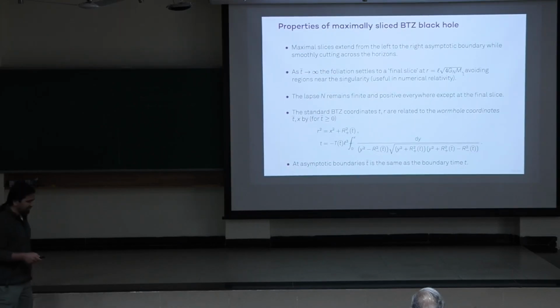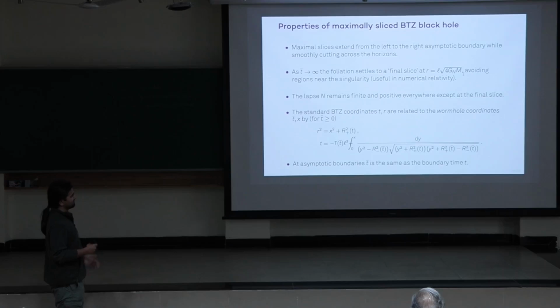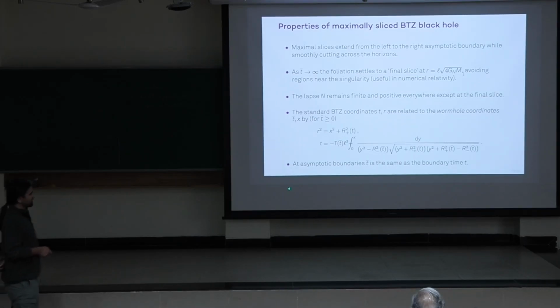The lapse remains finite everywhere except at the final slice where the time evolution stops. This is just a coordinate transformation to the standard BTZ coordinates. An important point to note is that at the asymptotic boundaries, this time t bar of maximal slicing and the boundary time match exactly, which will be useful to us when we do holography.